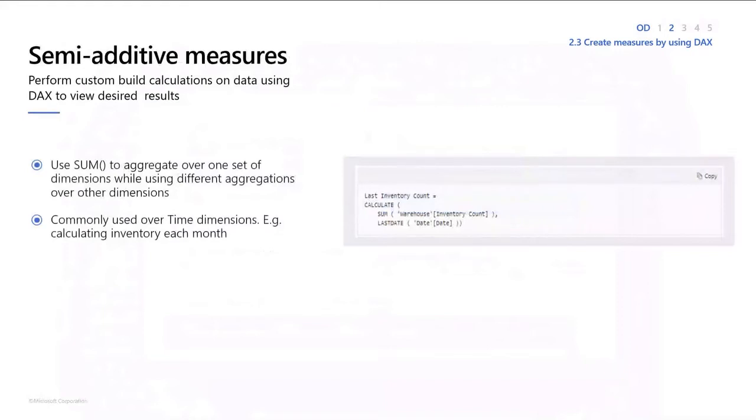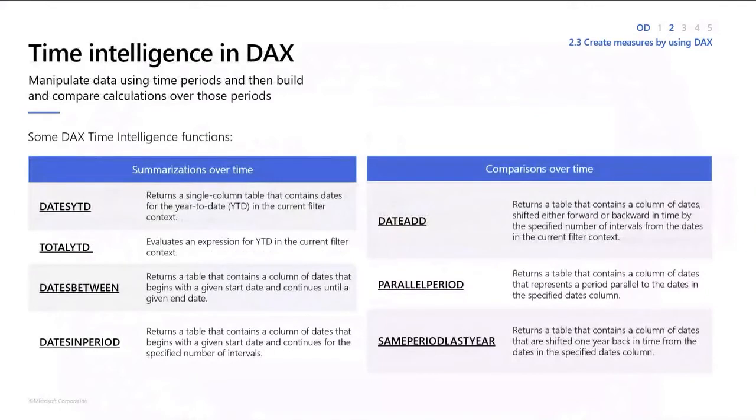They are quite useful in a lot of business scenarios, especially wherever time-based analysis is going on. There are quite a few functions available along similar lines, and you could use a combination of these functions to produce semi-additive measures for your own business cases.